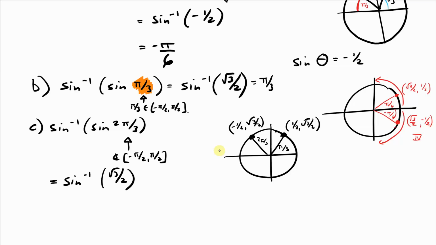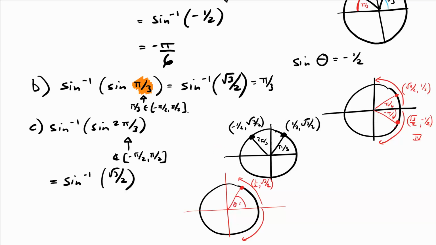Now the sine inverse is asking us for an angle between minus pi over 2 and pi over 2 where the sine is root 3 over 2. And that occurs at the point 1/2, root 3 over 2 for an angle of pi over 3. So even though we started with 2 pi over 3, now we end up with pi over 3.